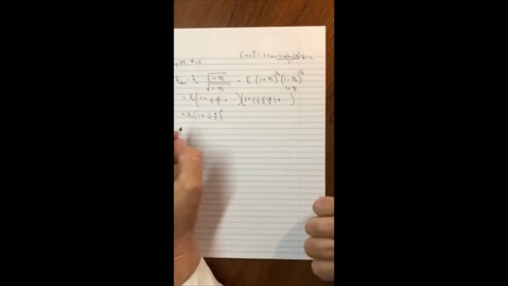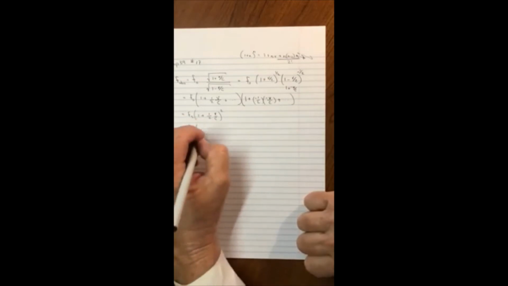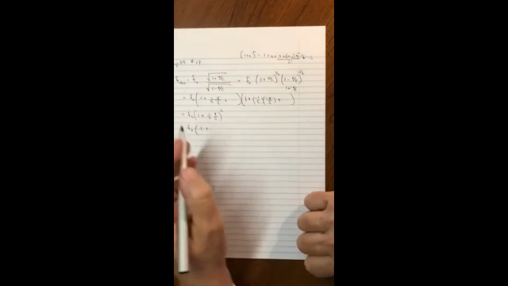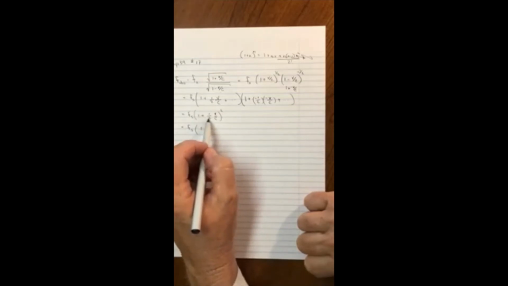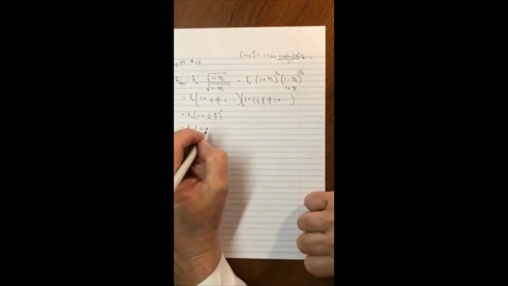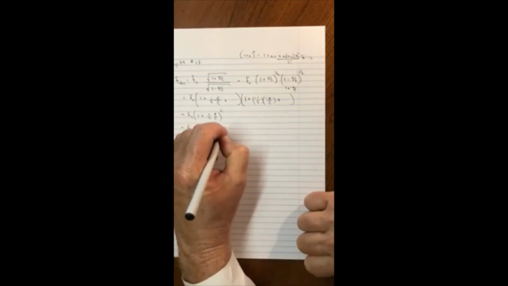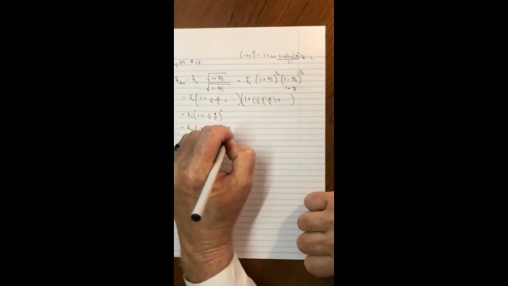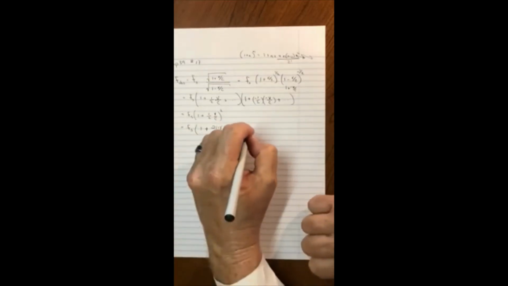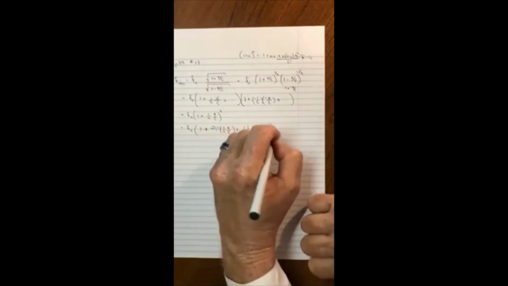order terms. And then squaring a binomial will be 1 plus, and this would be like a plus b squared. So there's the a squared. Then it's 2 times a times b, and then plus b squared.